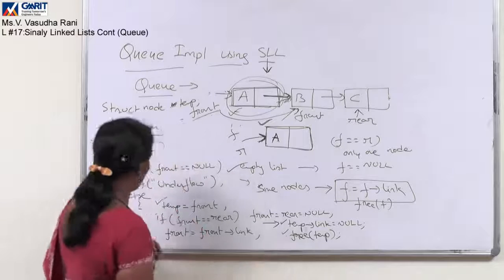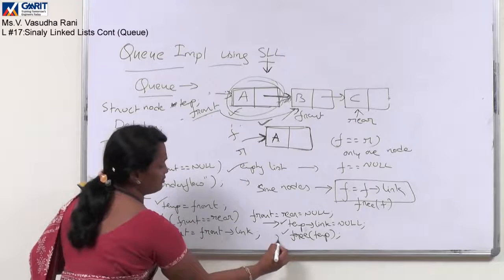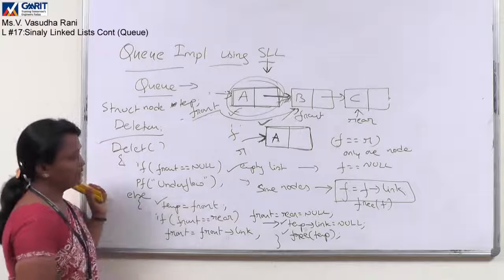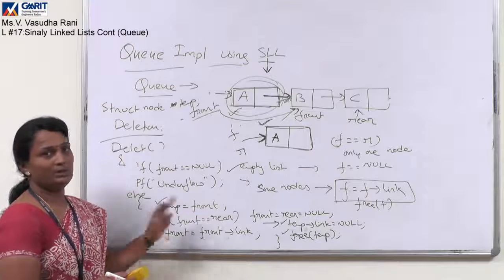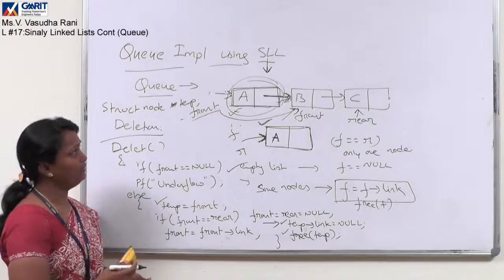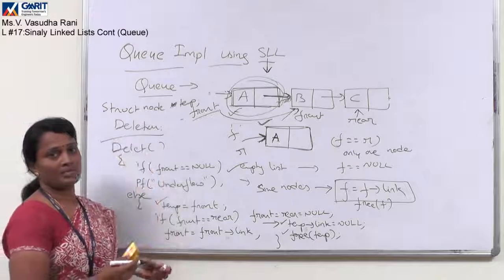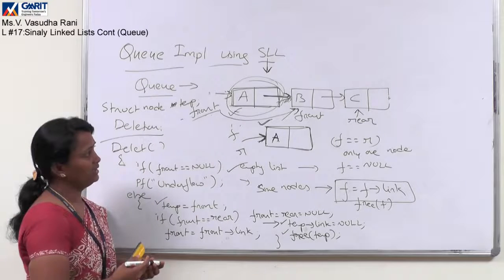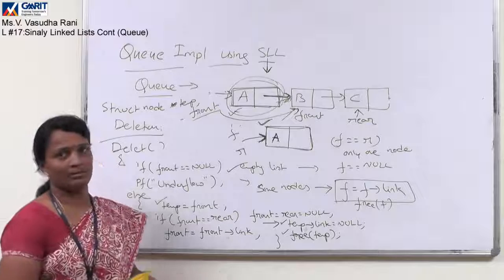So we have freed it with this particular instruction. So with this we have completed all the three cases for deleting a node from the queue, which is implemented using singly linked list. Okay, thank you.